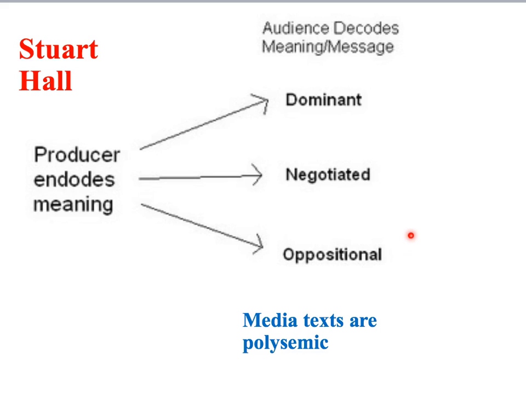Whereas an oppositional reading is where an audience member completely rejects the intended meaning of the media message. So the key idea here is that media texts are polysemic, and this simply means that they don't have a fixed meaning, that they can be interpreted in a variety of different ways.